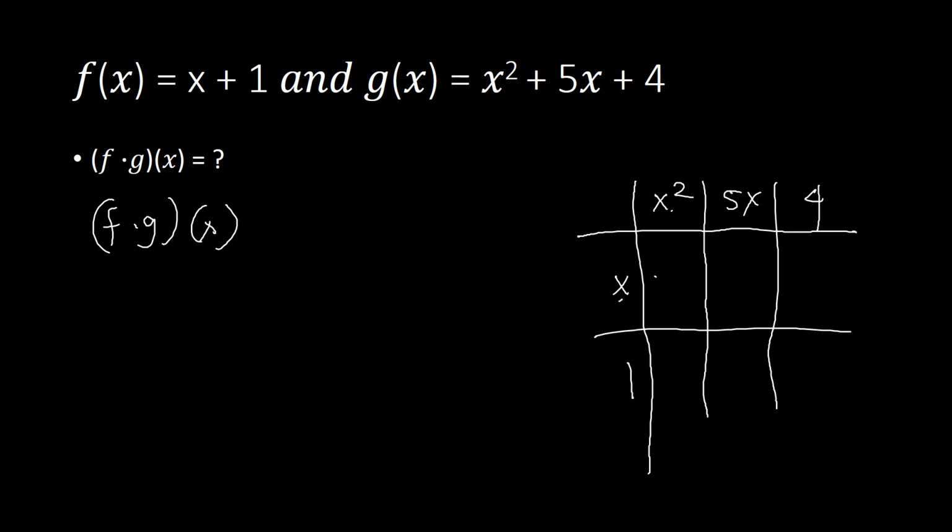X times x squared, that's x cubed. X times 5x, that will be 5x squared. X times 4, that's 4x. 1 times x squared, that's x squared. 1 times 5x, that's 5x. 1 times 4, that's 4.